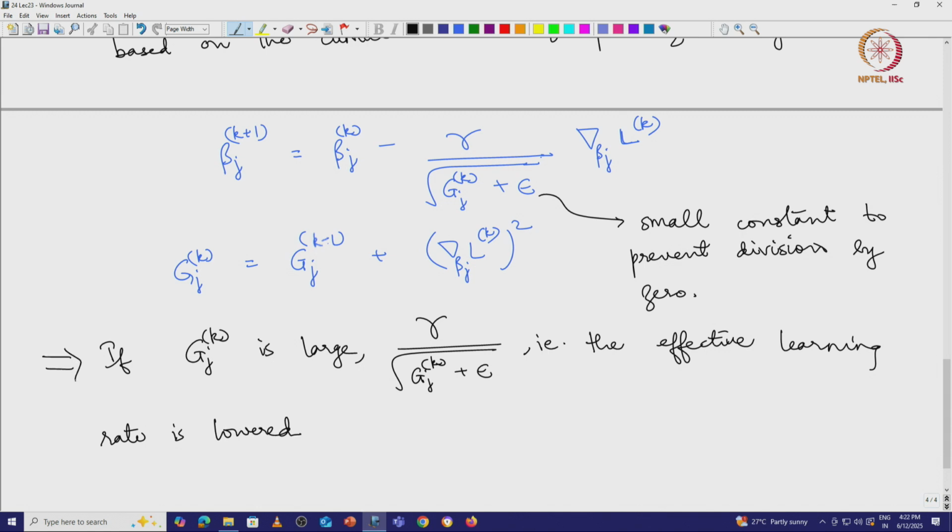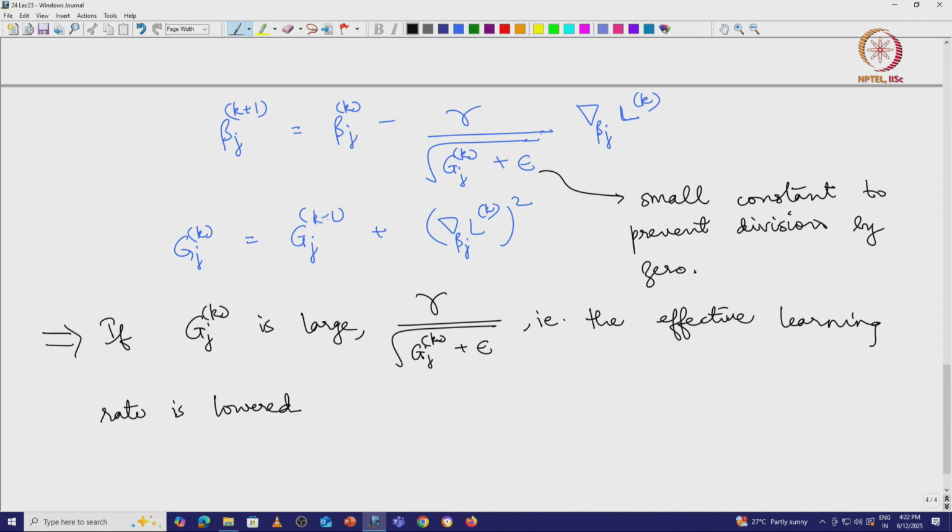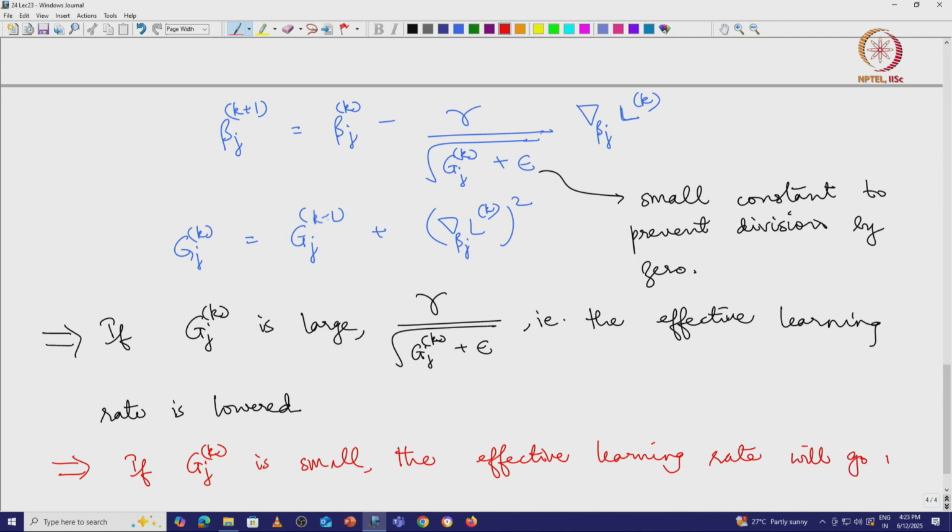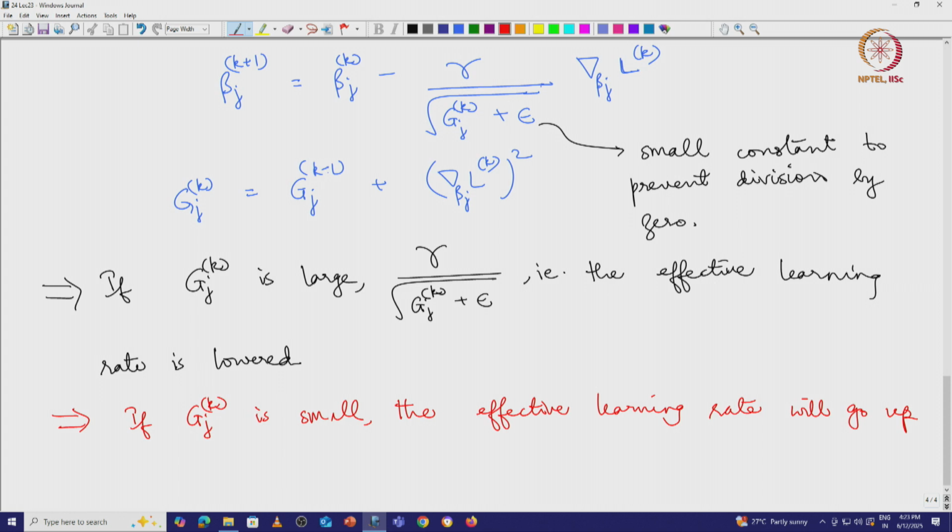If the gradient is already large, you do not really need a high value of the learning rate, automatically the parameters will change by a lot. However, on the contrary, if g j k is small, the effective learning rate will go up. Here the gradients are small, so you need to increase the learning rate to accelerate the training process.